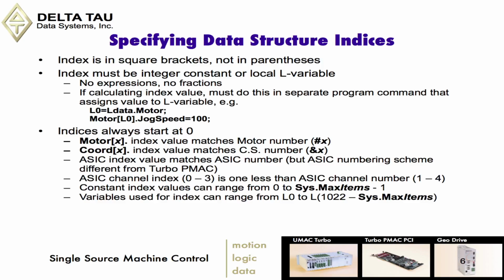So no expressions, no fractional values. If you're calculating an index value, you would do this in a separate program line and then assign it to an L variable, just like we have up here: L0 equals LData.motor, and then Motor[L0].JogSpeed, and then we set it to a value.